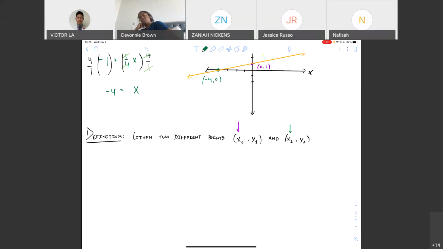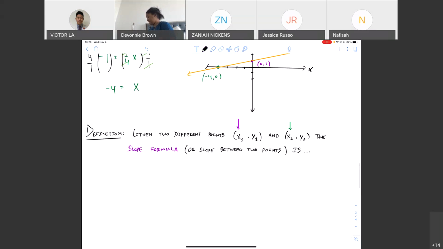And then that's that. So given two different points, this and that, the slope formula, I'll write this in purple, slope formula, or slope between 2 points, is... So it's like this.